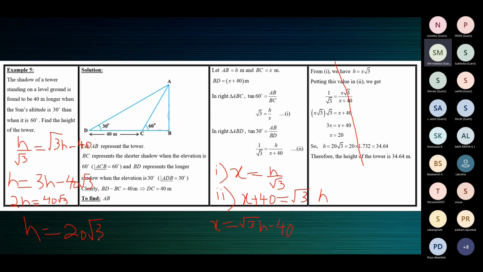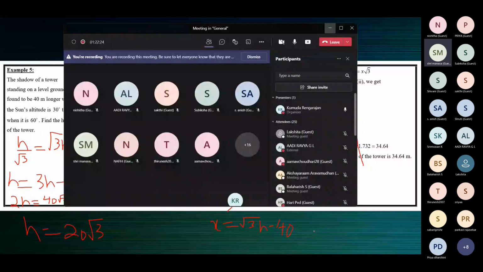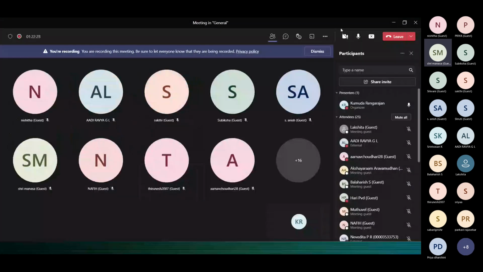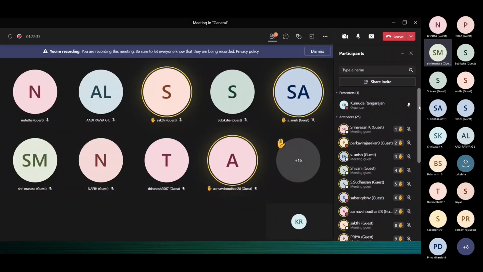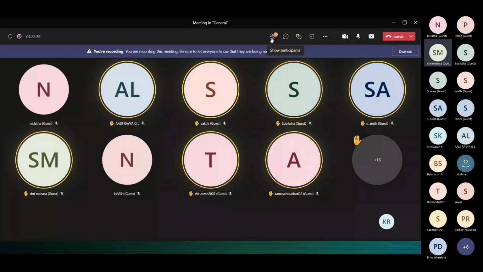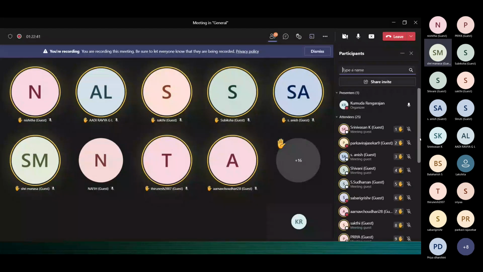Completed, children? Yes, ma'am. All right, others? Yes, ma'am. Class, use the emoji, raise your hand. 19 of you have raised.